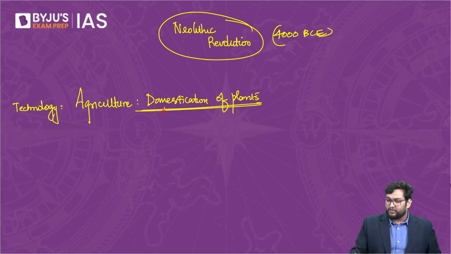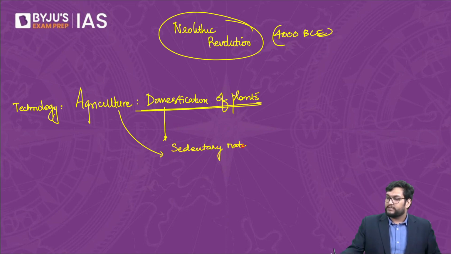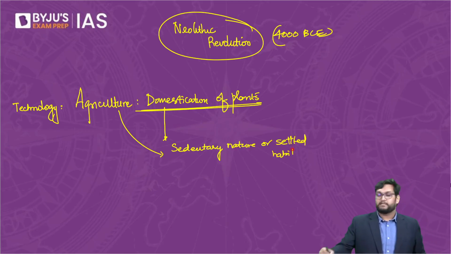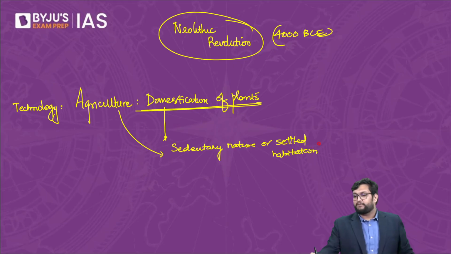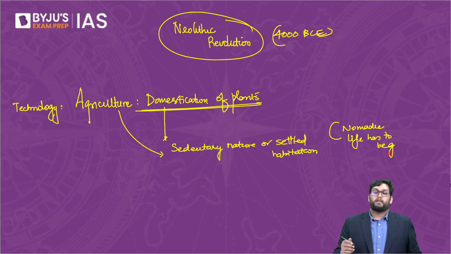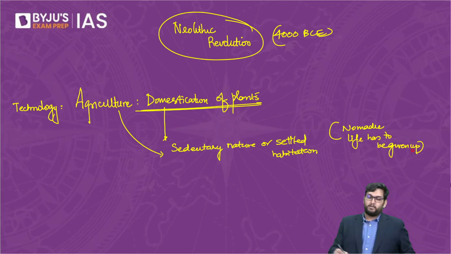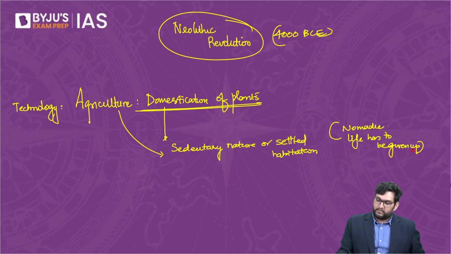So agriculture automatically introduces sedentary nature or settled habitation, and nomadic life has to be given up. Now, if you are sedentary, you will start to get permanent habitations and housing.